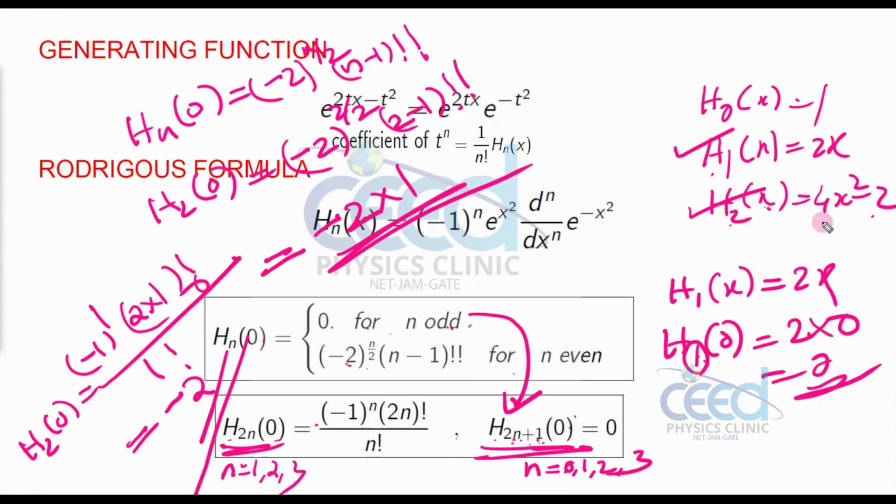So h2 of 0, when I substitute x is equal to 0, this part will be 0, and I will get minus 2. So we can generalize the equation like this.